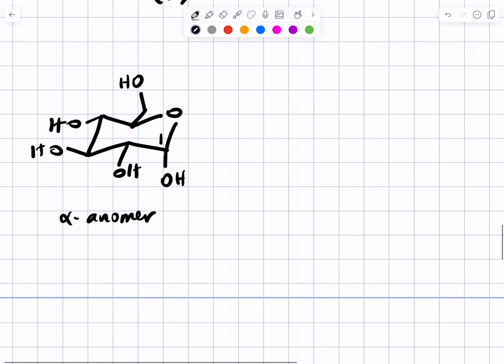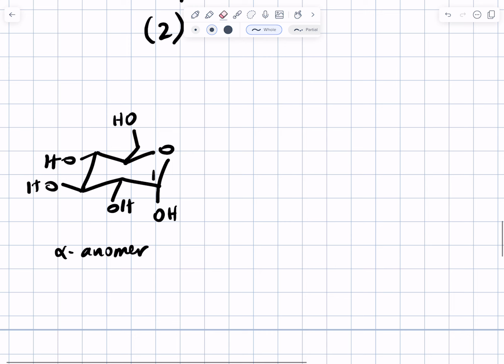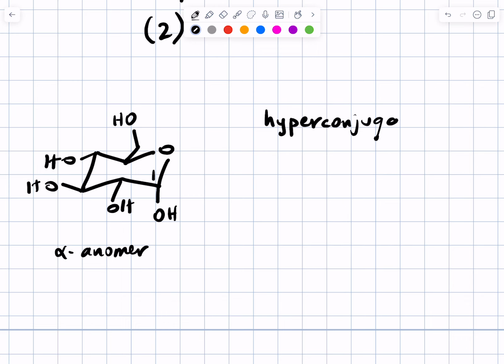Okay, where were we? Oh yes, the explanation for why the alpha anomer is more stable than expected. A student once teased me about the class, saying that if you don't remember what the explanation is and you guess hyperconjugation, you're pretty close.